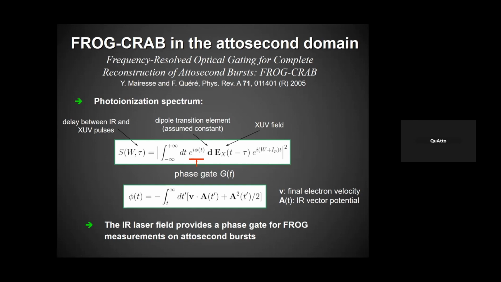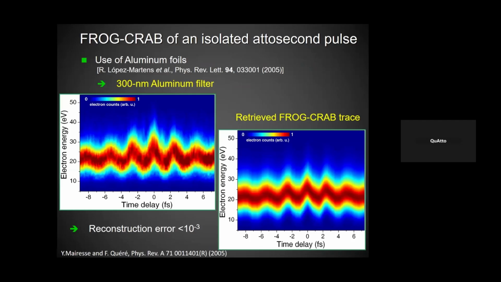which is, if you want, a kind of extension to the attosecond domain of the FROG technique that was demonstrated for the femtosecond domain several years ago. So we applied this algorithm, and that's also important to check the quality of the measurements.